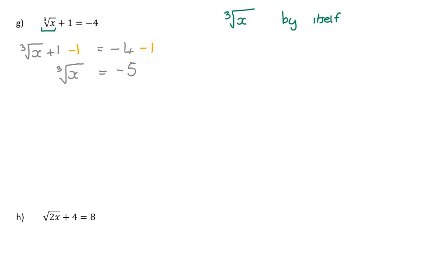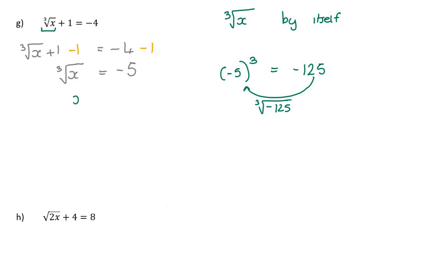So how do I figure out what x is? Negative 5 must be the cube root. If I cube negative 5, I get negative 125, which means when I cube root negative 125, I'll go back to negative 5. So in order to figure out what I must cube root to get negative 5, I'm going to cube the negative 5 to figure out where it came from.